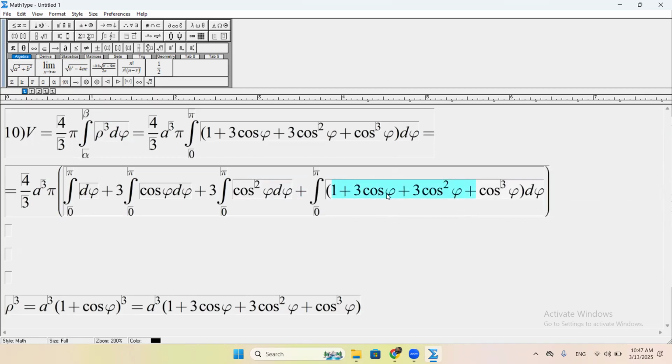We will integrate them one by one. Some of the integrals will be successfully eliminated, and that will simplify our work.